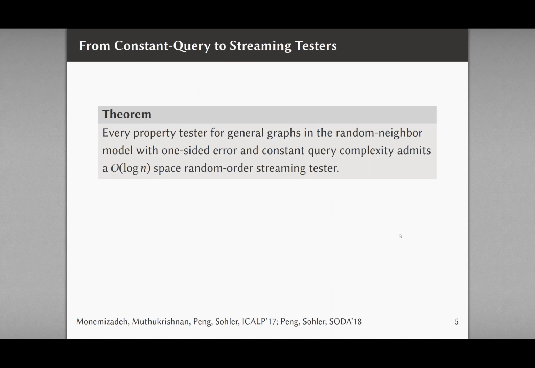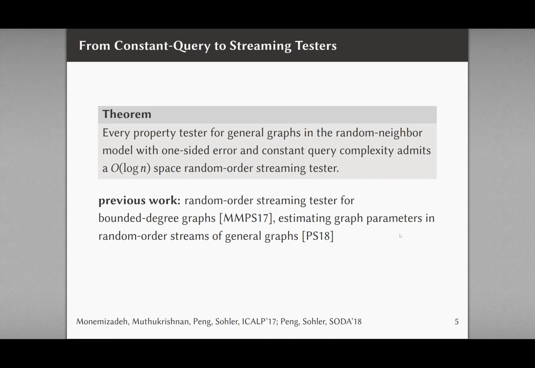And the second result is an application of the third theorem. And basically this says that every property tester for general graphs in the random neighbor model with one-sided error and constant query complexity admits a log-n space random order streaming tester. And random order means we are in a streaming model where edges are streamed to the tester in uniform random order.